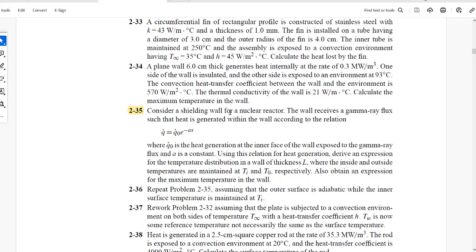Consider a shielding wall for a nuclear reactor.